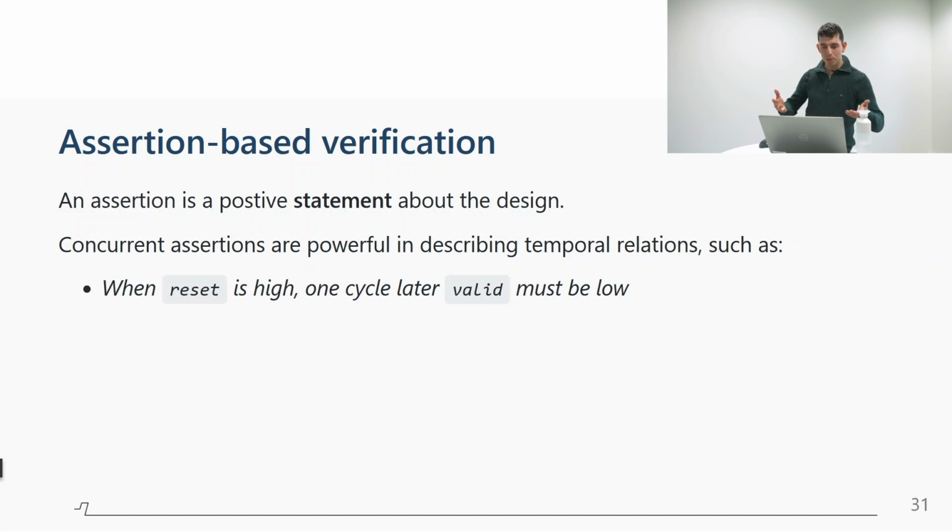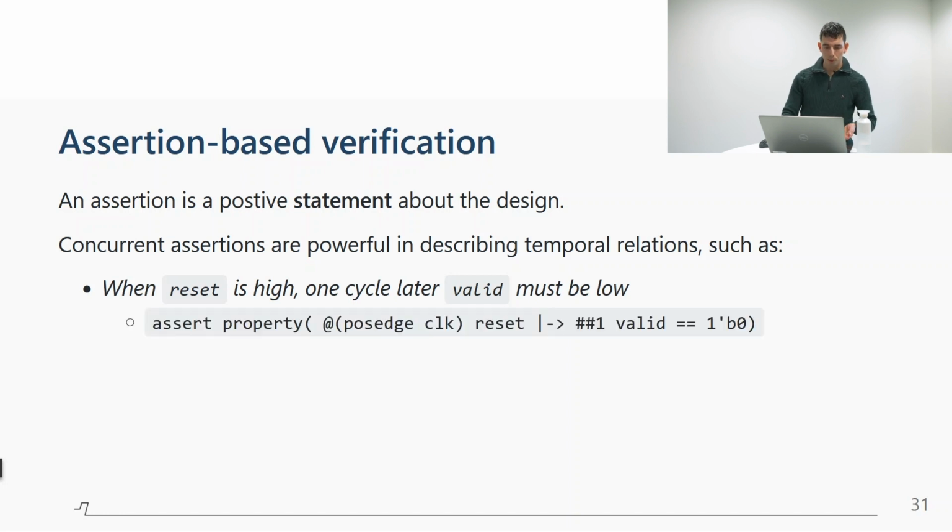One positive statement about a design can be: when the reset signal is high, 1 clock cycle later, the valid must be low. In SystemVerilog syntax, it's described as follows. First, we say that we assert a property, and this property is sensitive to the positive edge of a clock.